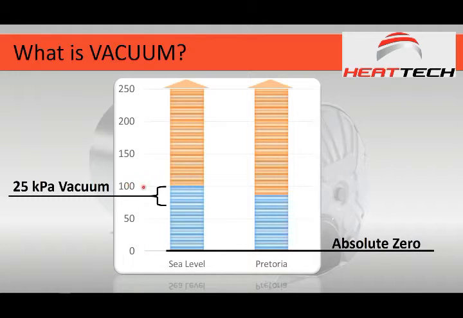Absolute pressure in this case says the ambient pressure is 100 kPa, but the gauge pressure at that point is 0 kPa because there's no difference. At this point, the gauge pressure is minus 25 kPa. It is a minus because it's from the 100 kPa going downwards, which means that the maximum vacuum you can pull at coastal level is 100 kPa. In the Pretoria, Johannesburg area, the maximum vacuum is approximately 86 kPa.